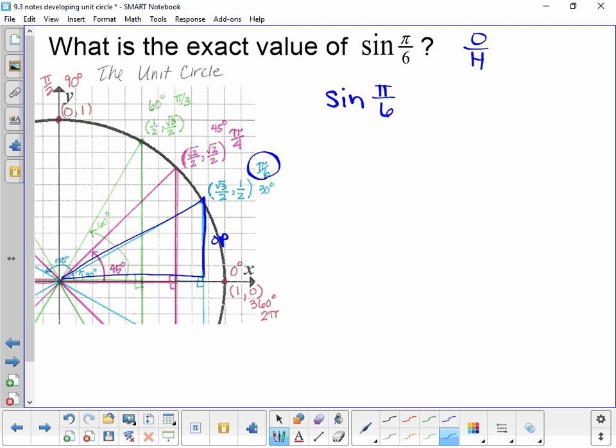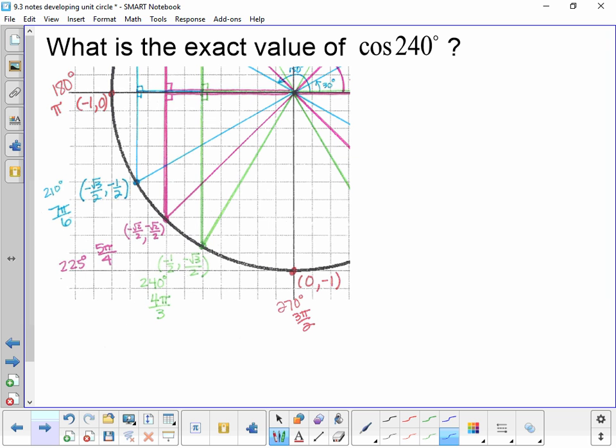So here's my opposite side, and here's my hypotenuse. The hypotenuse is the radius of the circle, so it's 1. The opposite side of the triangle is how far up it went, so that is 1/2. 1/2 over hypotenuse is 1. 1/2 divided by 1 is just 1/2. So we have now found the sine of pi over 6.